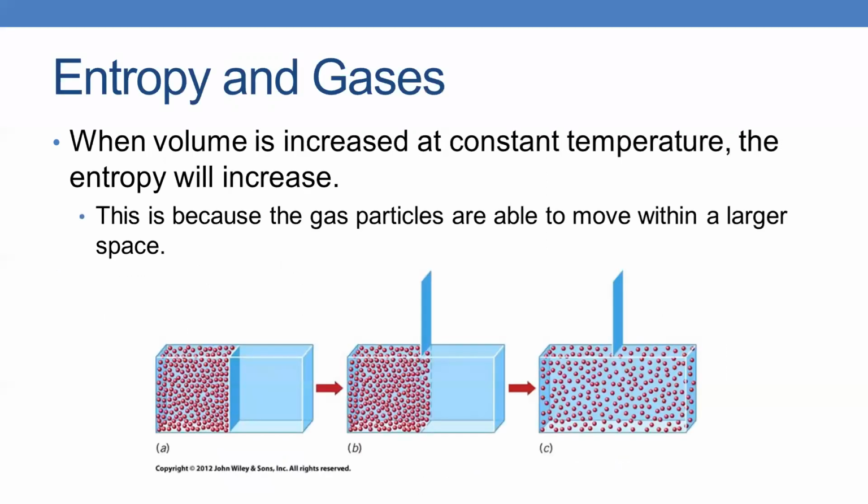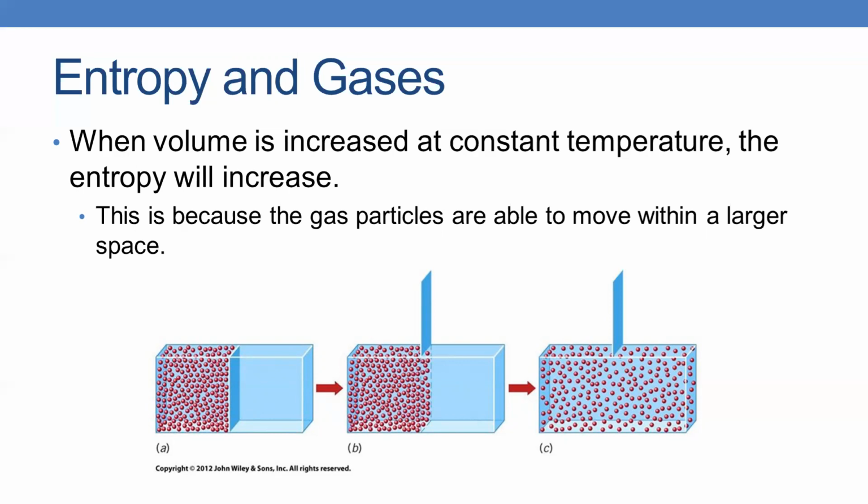Whenever we're looking at chemical reactions, gases are the best indicator to know if we're gaining entropy or losing entropy. With gas particles, they're going to constantly move around, and if they can spread themselves out, they will. Considering volume, when you increase the volume, you're able to increase the entropy because there is more space for the gas particles to spread out.